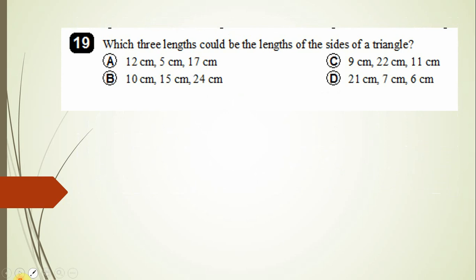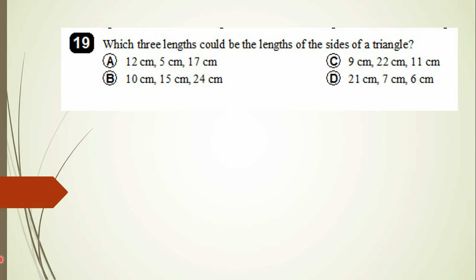Which three lengths could be the lengths of the sides of a triangle? The inequality is that the sum of any two sides must be greater than the third. The easier way: choose the smallest two sides and add them together. If the sum is greater than the third, it's okay, they can be sides of a triangle. Equal or smaller?